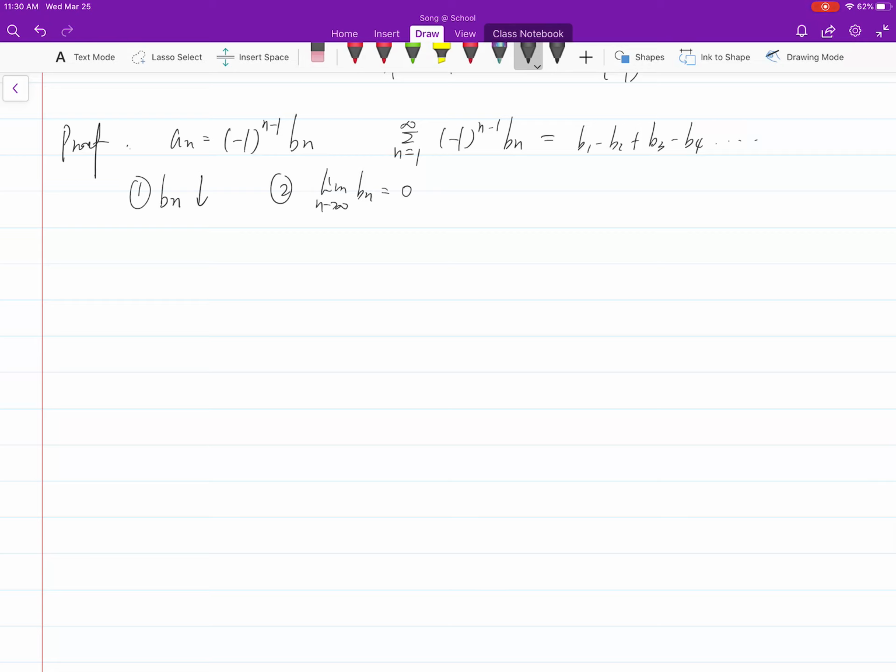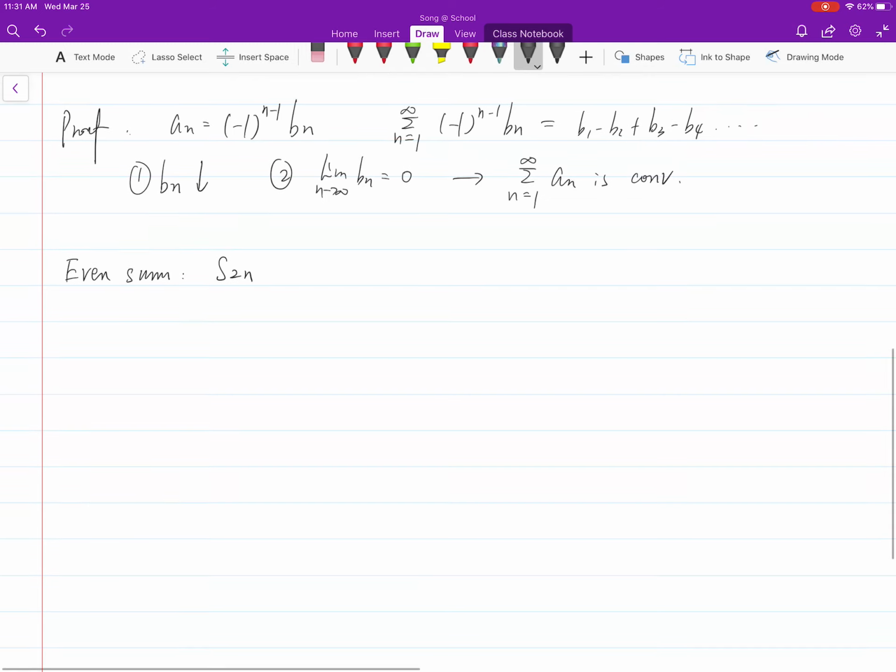With everything I just wrote down, I want to go ahead and try to prove that if we have all this, then the sum of an is convergent. Let's see how we do that. To show the proof, I want to first define the finite sum, and I'm particularly interested in the even sums. So S_2n.